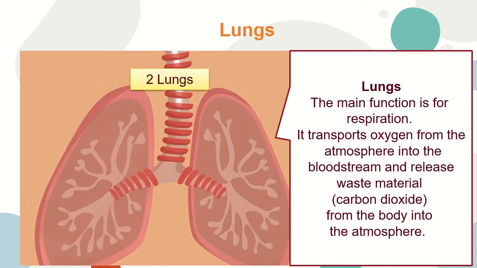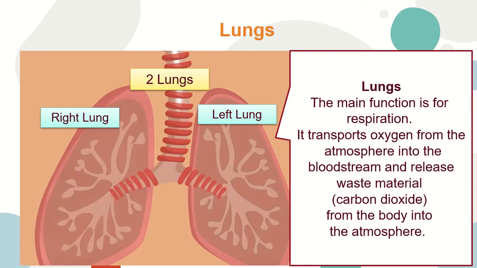We have what we call two lungs. Lungs are composed of porous and spongy tissues. The human body has two lungs. We have the right lung and also we have the left lung.